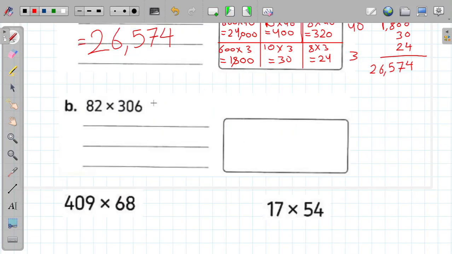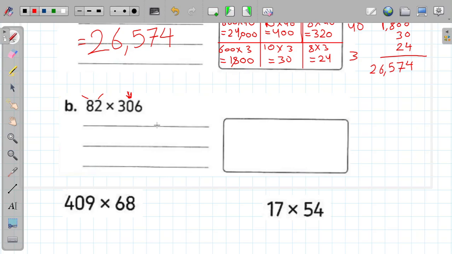Okay, let's try another one. I have here 82 times 306. So I have 2 digits here and 3 digits here, but the one in the middle is just 0.